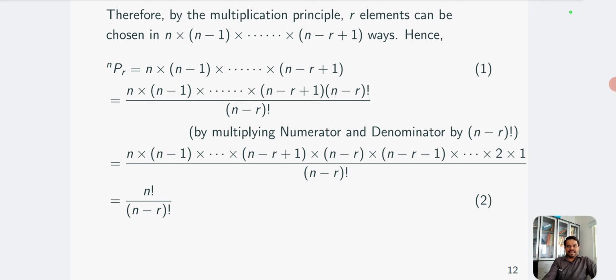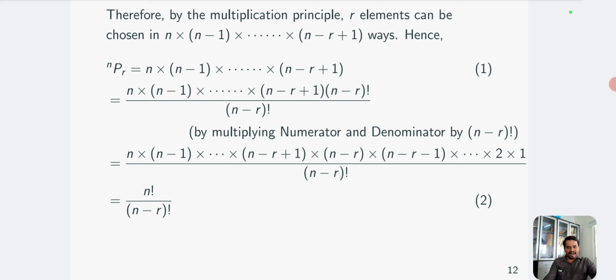It is n into n minus 1 up to n minus r plus 1, into (n minus r) factorial, and if we observe, this is the definition of n factorial in the numerator, divided by n minus r factorial. So the numerator is the definition of the factorial of n, so you can simply write n factorial and divide by the denominator as it is.